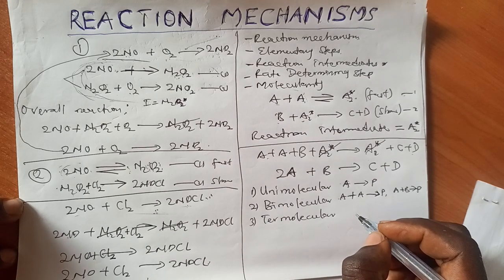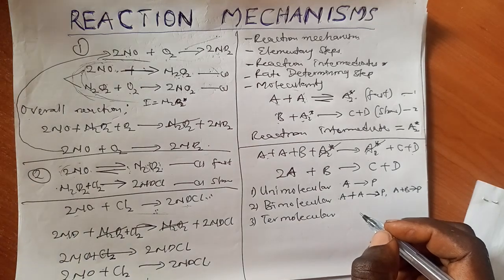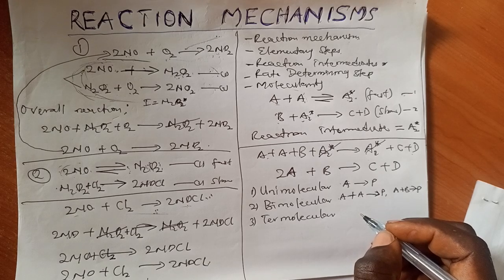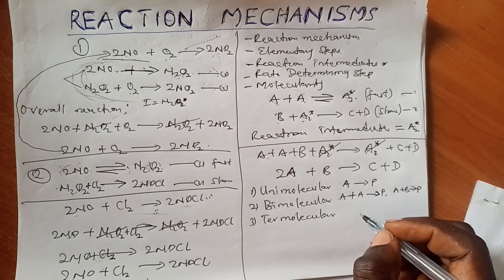How do you explain termolecular? Termolecular is an elementary step that involves three molecules. It's a reaction that involves the participation of three molecules in one elementary step.